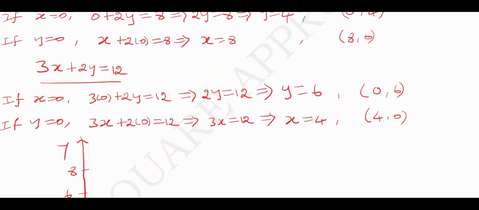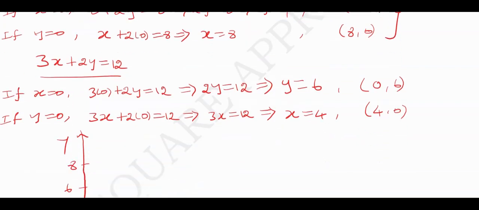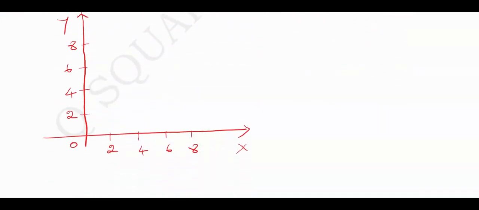We have the points from the first equation, that is 0, 4 and 8, 0. 0, 4 is here. So this 0, we'll write outside of 0, 4 and this 8, 0. Now we'll draw these 2 points by a straight line.